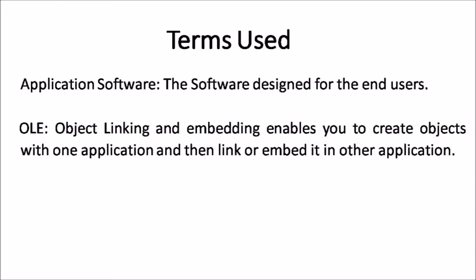For example, MS Word is an application software, MS Office, MS Excel, etc. OLE, object linking and embedding, enables you to create objects with one application and then link or embed it in another application. Here the application can be MS Word, MS PowerPoint, MS Excel. Object of one program, that is object of MS Excel, can be embedded in MS Word, or object of MS Word can be embedded in MS Excel.